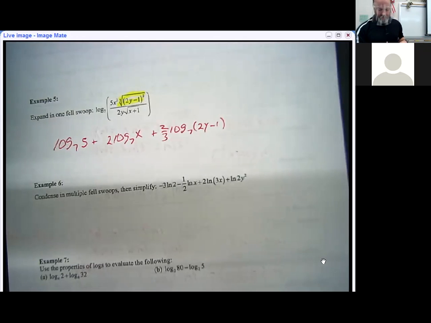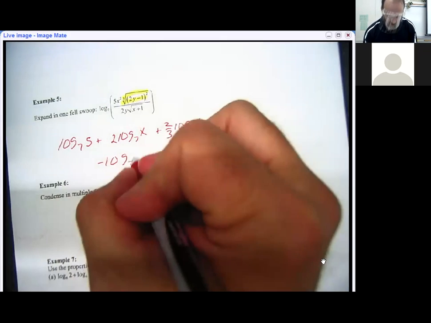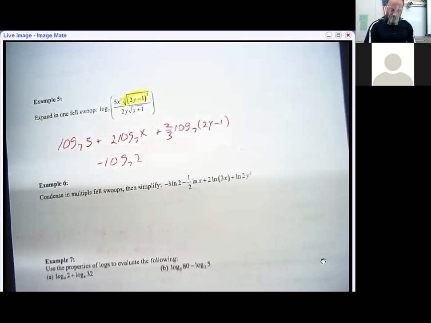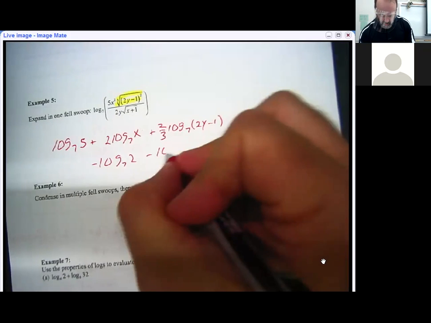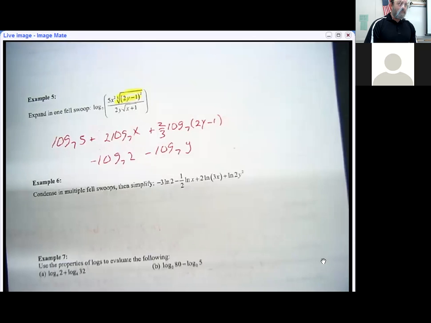Where should 2y be? How do I handle that then? So then that's minus the log base 7 of 2 minus the log base 7 of y. You guys following me? What's last?